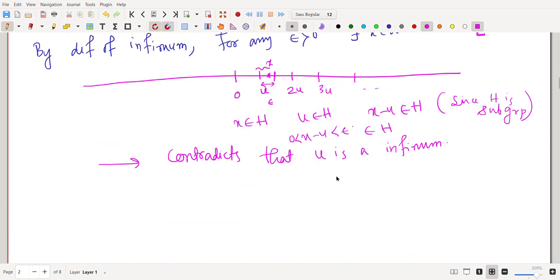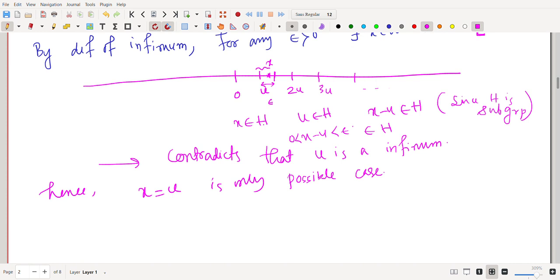So the only possible case is x equal to U, which implies that there is no element between U and 2U, right? Because if there is an element between U and 2U, that will give another situation of this type.